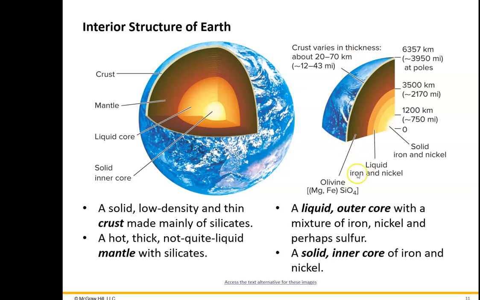The mantle is made of this material called olivine. It's kind of a greenish color. There's the silicate, but it's magnesium and iron silicate, and there's all sorts of minerals and such that come from the mantle.